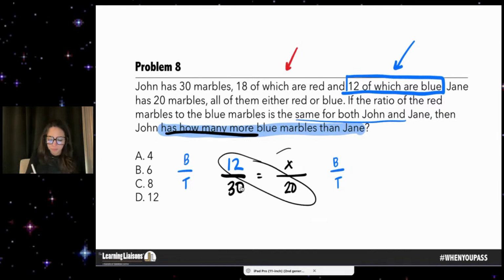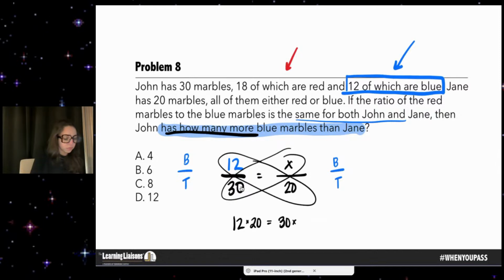Cross multiply. 12 times 20 is 240 equals 30x. Divide both sides by 30.